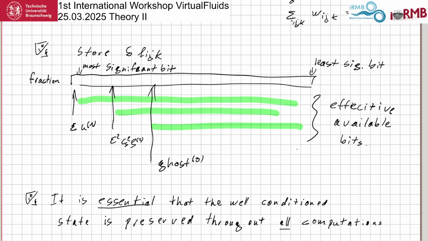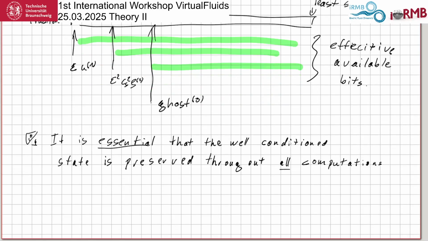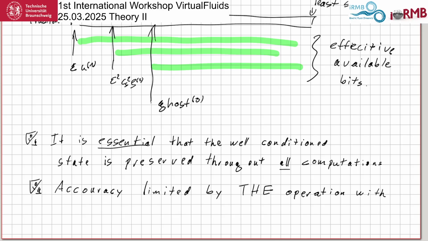Because what we have here is an explicit code, and therefore everything is a chain of computation. So the accuracy is limited by the operation with the least accuracy.